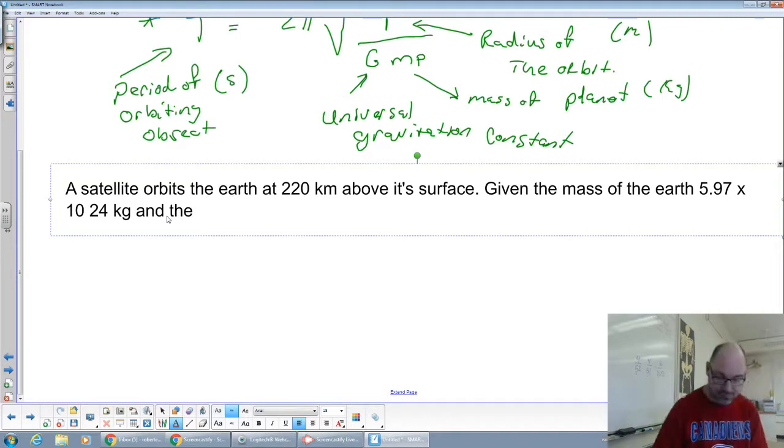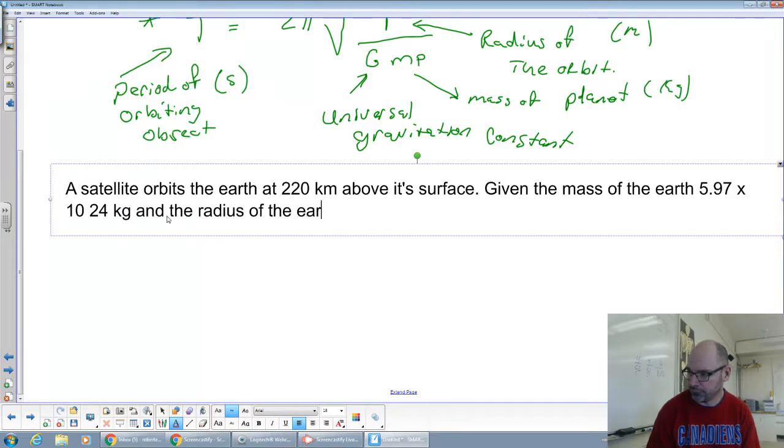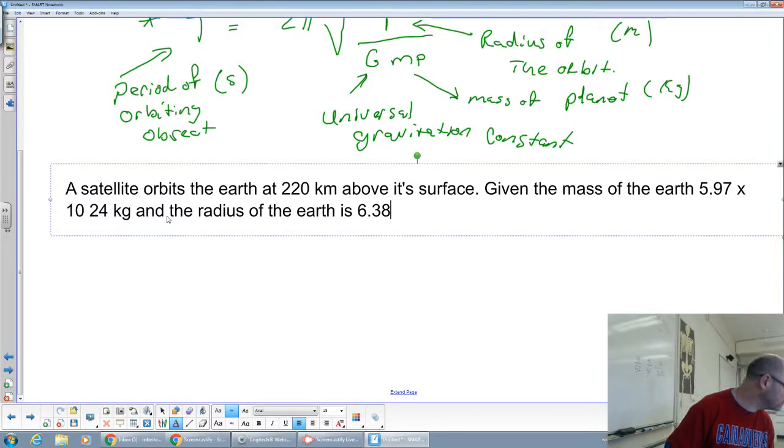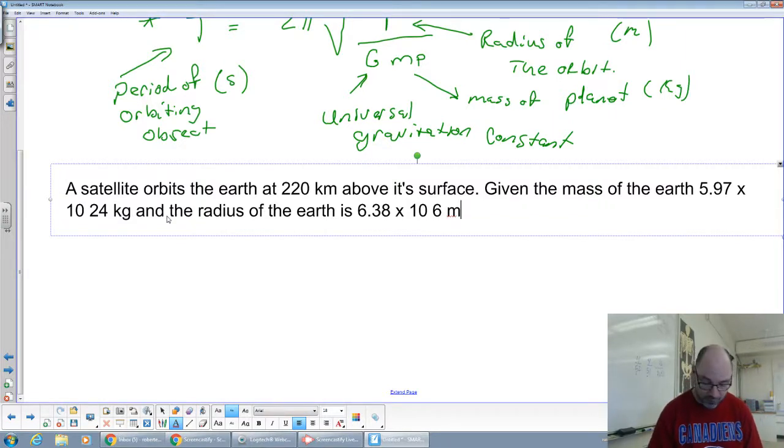It says radius. Don't get mixed up between those two. Is 6.38 times 10 to the 6 meters. What is a satellite's orbital speed and period?